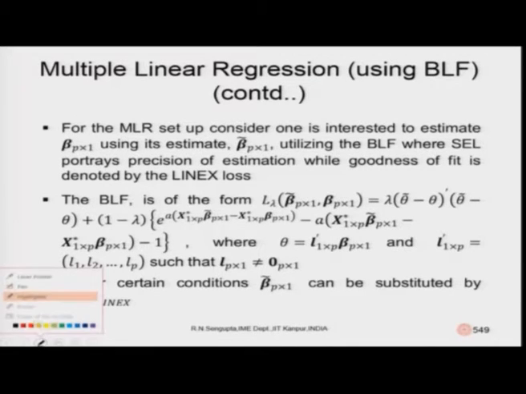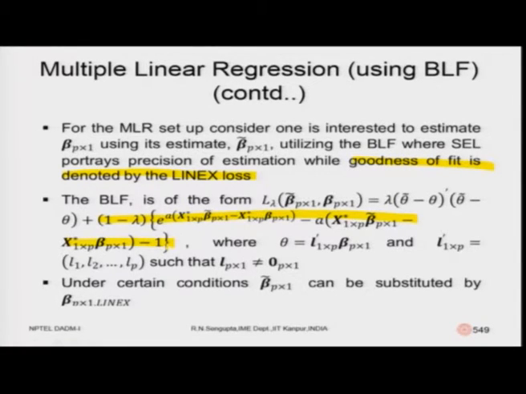So, goodness of fit, let me use the green yellow color, is denoted by the Linex loss which is here, and squared error loss is used for precision of estimation, where precision of estimation is related to finding the best estimate for theta, which is a function of beta, because beta is multiplied by L. So, obviously it is a linear combination of beta.